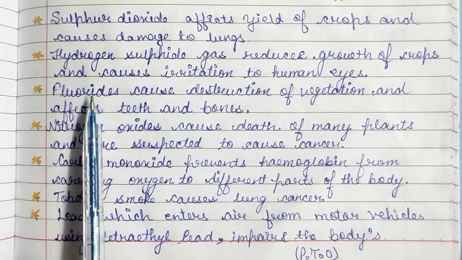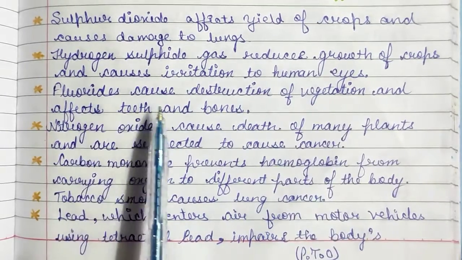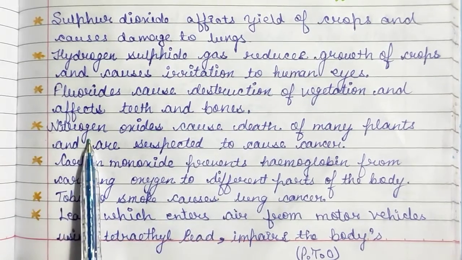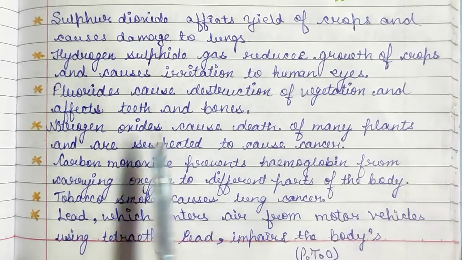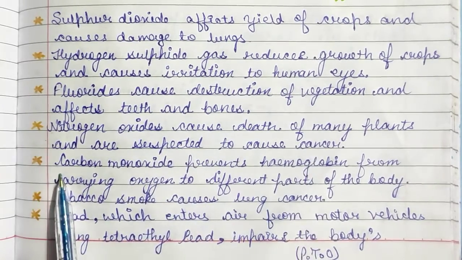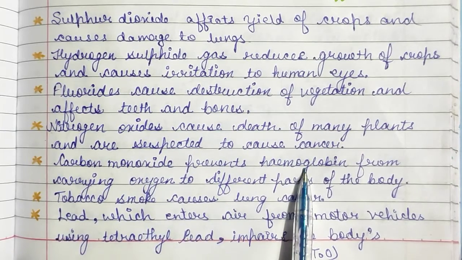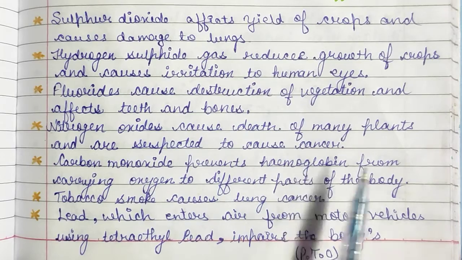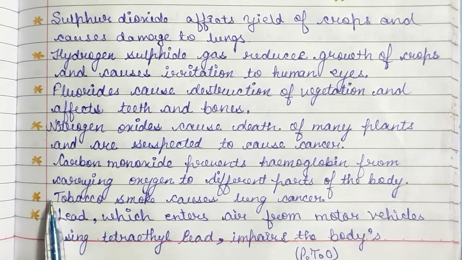Number 3, fluorides cause destruction of vegetation and affect teeth and bones. Number 4, nitrogen oxides cause death of many plants and are suspected to cause cancer. Number 5, carbon monoxide prevents hemoglobin, which is present in blood, from carrying oxygen to different parts of the body.